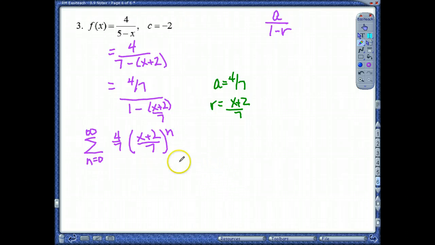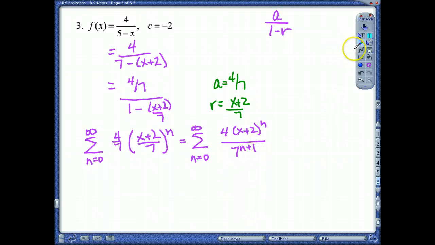Now, if you want to, you've got a 7 on the bottom here, you've got a 7 on the bottom there. You can go ahead and combine those to make it look a little bit more attractive. For instance, you could write 4 times x plus 2 to the nth power, over 7 to the nth power times 7, so that would be 7 to the n plus 1.